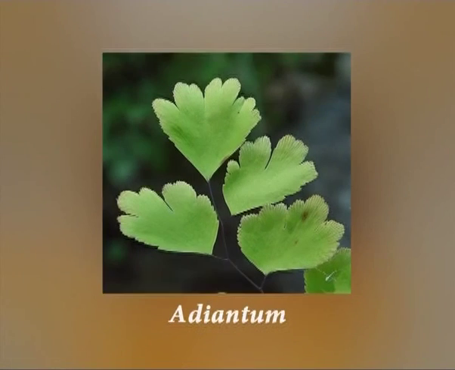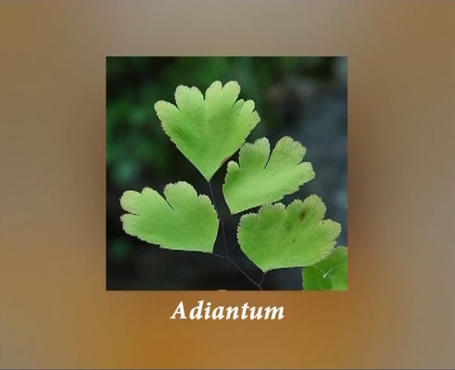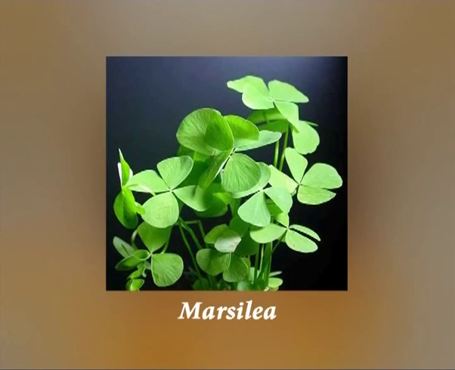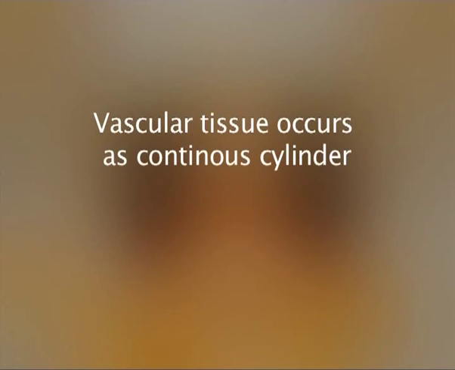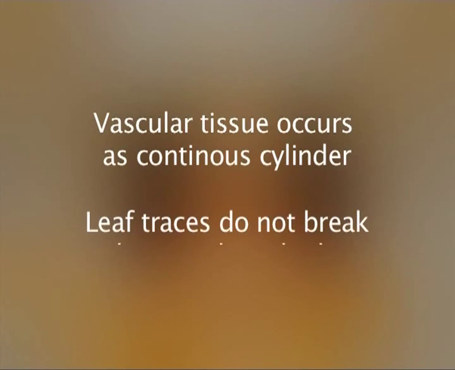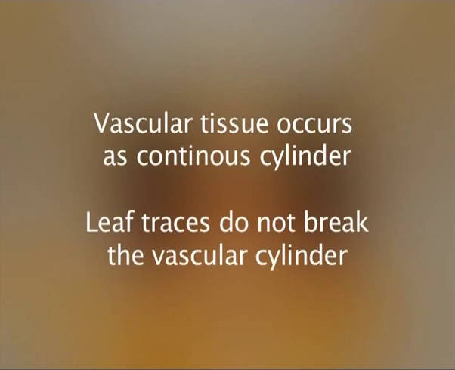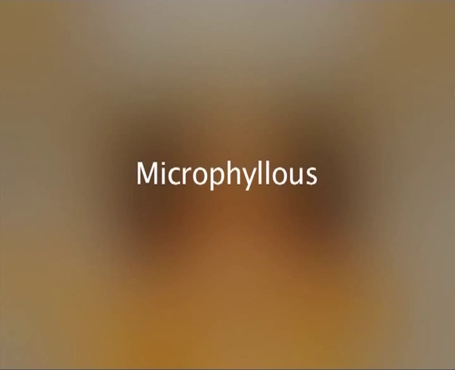It is found in Adiantum and Marsilea. In both ectophloic and amphiphloic siphonosteles, vascular tissue occurs as a continuous cylinder. This is because leaf traces do not break the vascular cylinder. Such plants in which the vascular supply to the leaf is without any break in the vascular cylinder are called microphyllous.